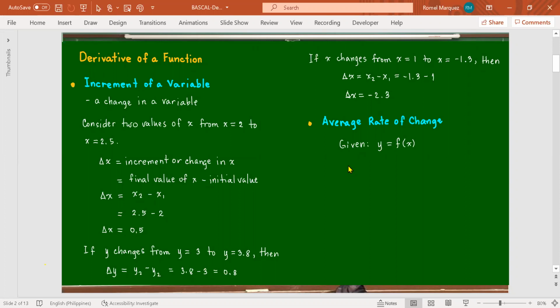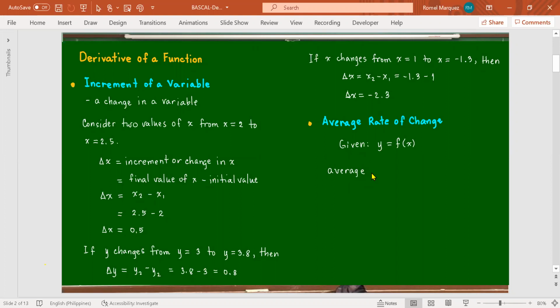Guys, how do you compute average rate of change? That is the ratio of what? Average rate is equal to, any idea?